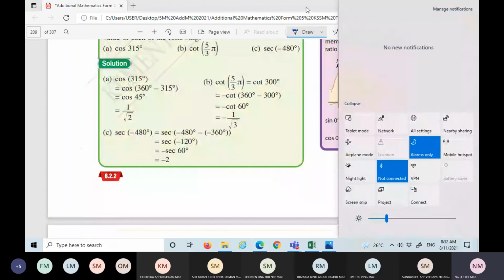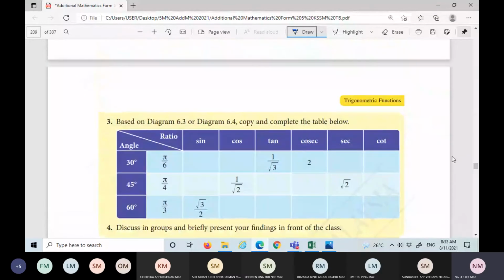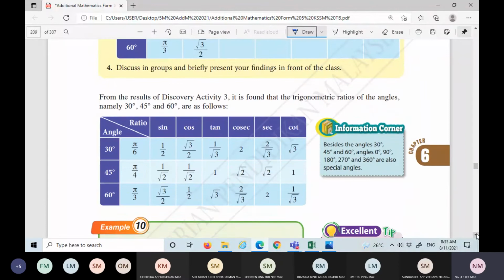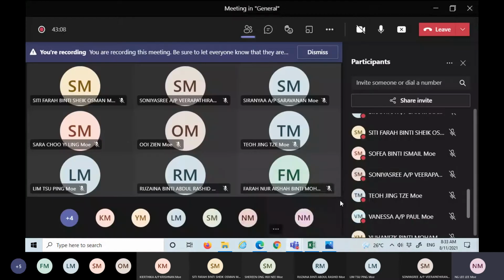Hey, what's happened? Okay, here. This is the one. Correct or not? Have you learned special angles in your modern maths? Vanessa, the other girl is who? Suda, here or not?